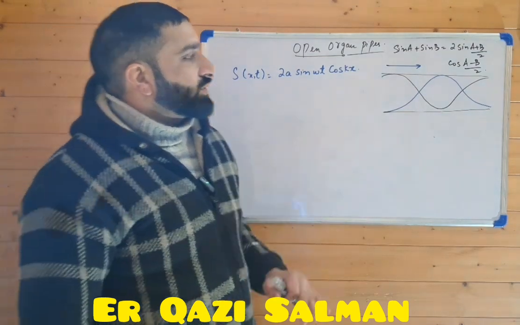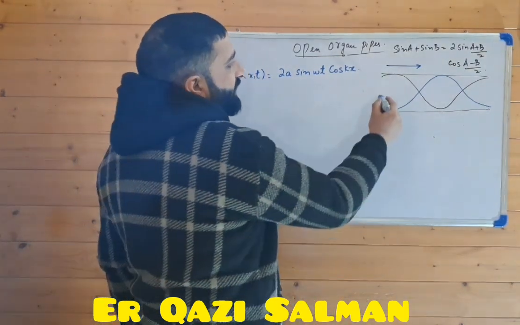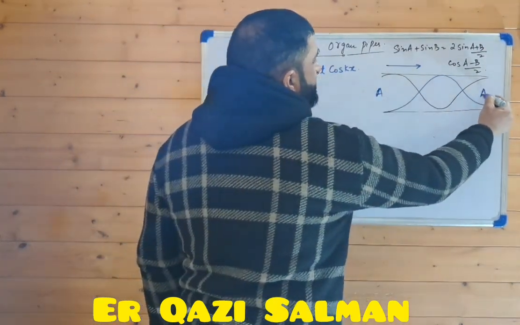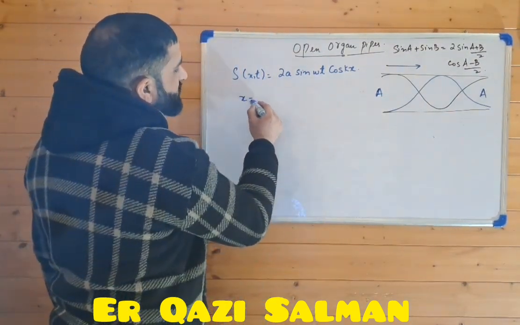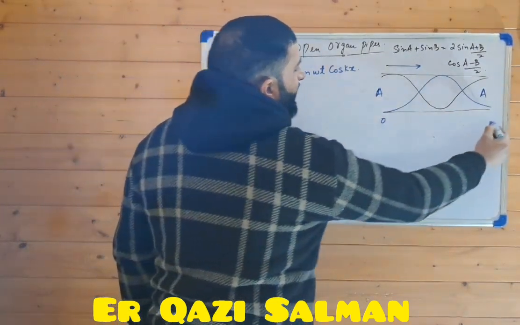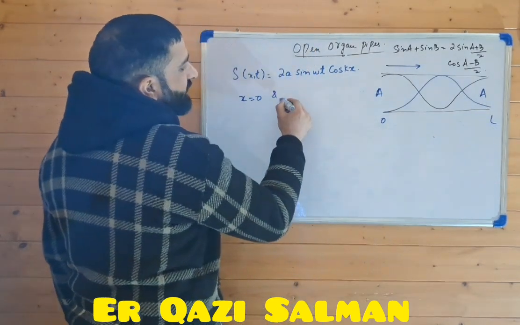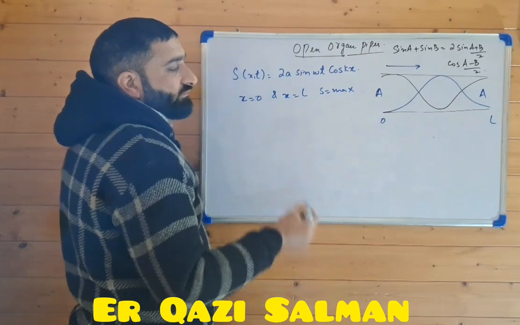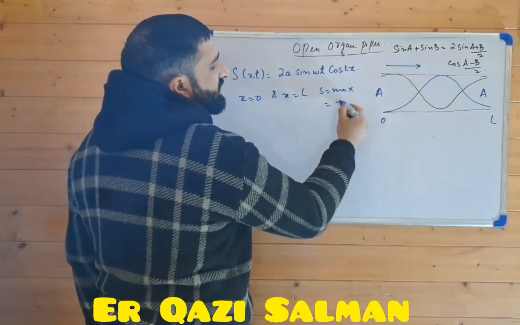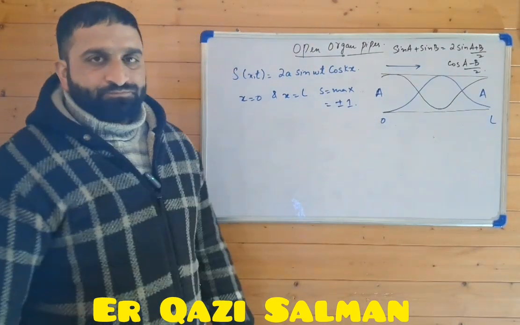Now we know that in open organ pipes we have an antinode at both ends. That means at x equal to 0, that is here, and at x equal to L, S is maximum. The maximum value of S here is plus or minus 1.